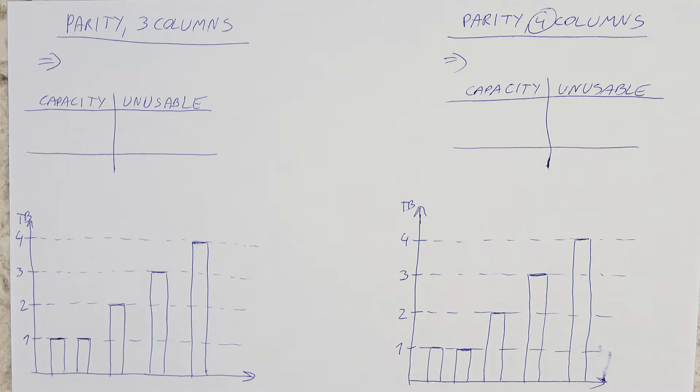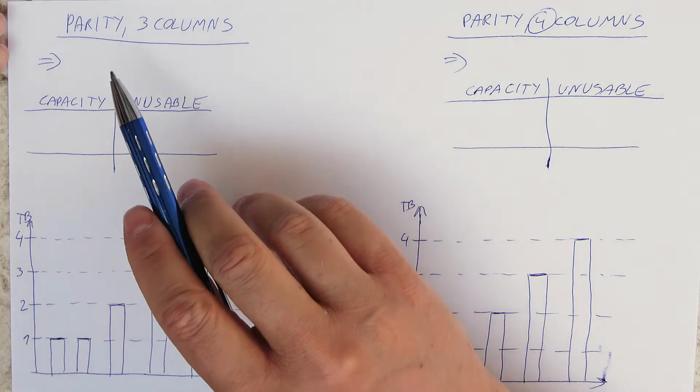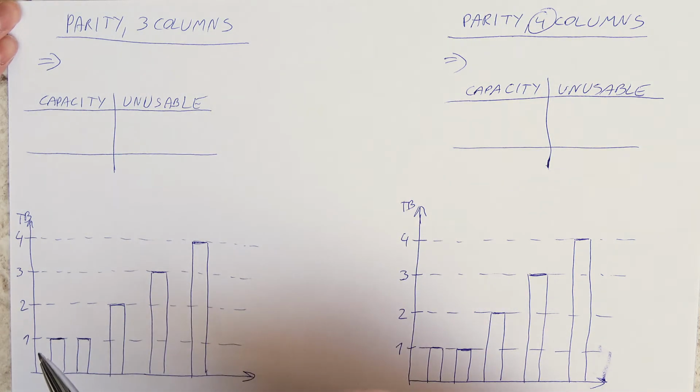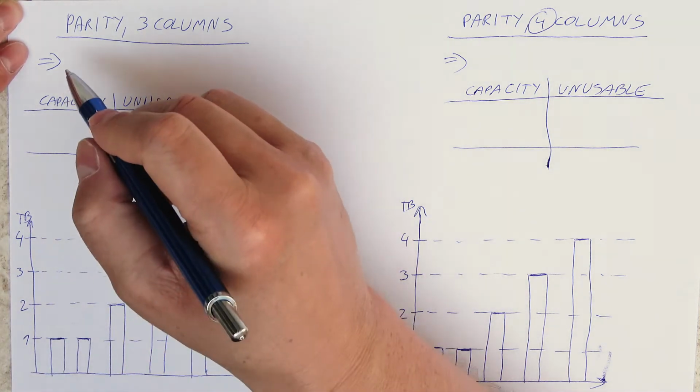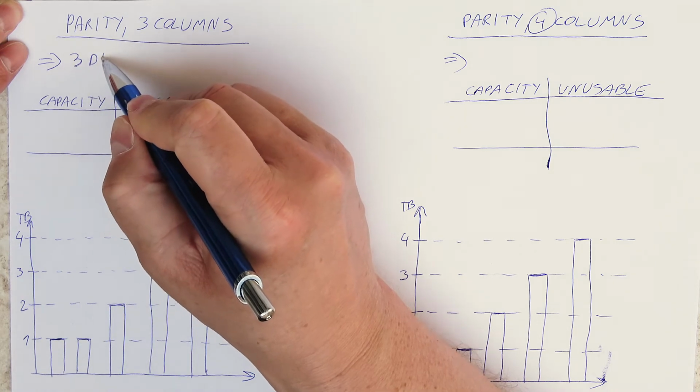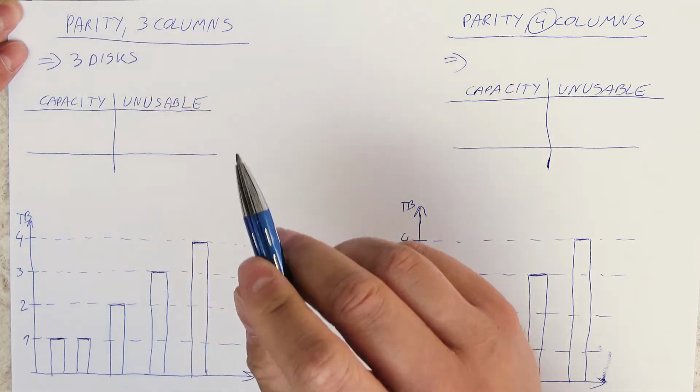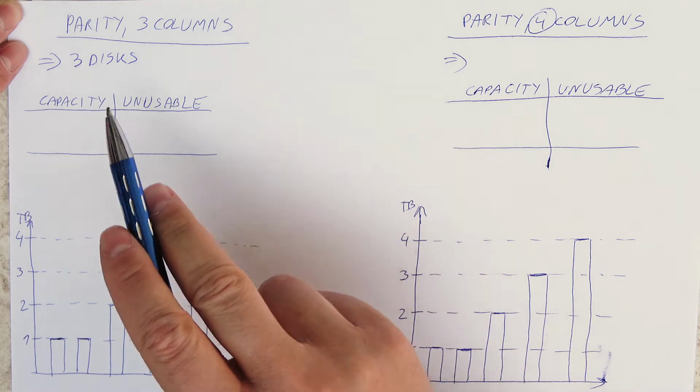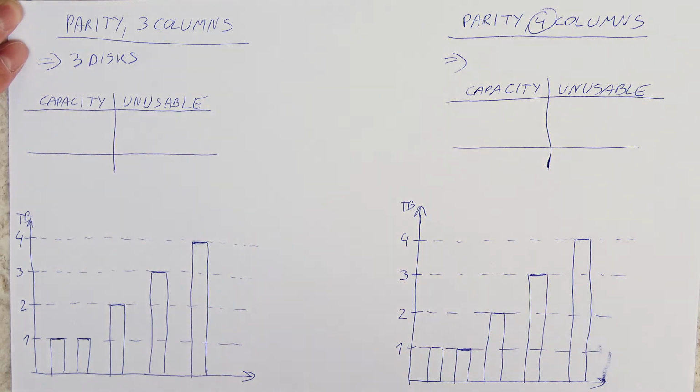Let's see how this looks for parity. In parity, 3 columns means stripe size is also 3 disks. Same number of columns. Number of columns corresponds to number of disks at once, or in parallel. But we have 1, 2, 3, 4, 5 disks.